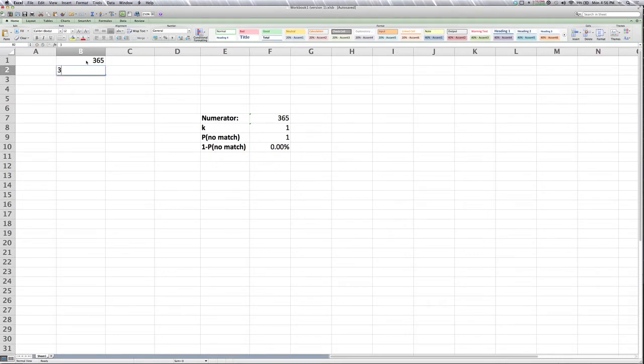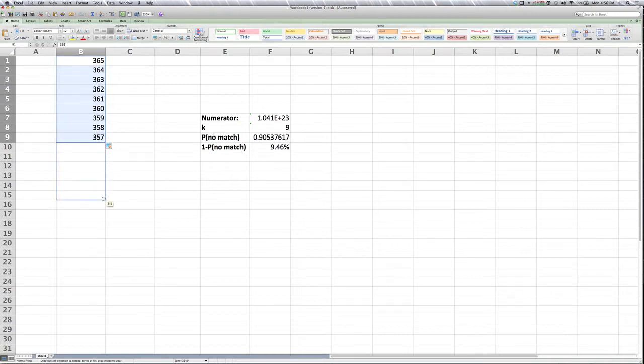364, 363, and now we can just drag. So with 9 people, you can see that there's a 46% chance, so a little bit far away from 50. We take it up to 15, that's almost there, it's a bit over halfway. So I wonder what it's going to get.